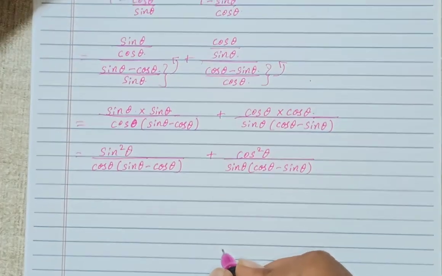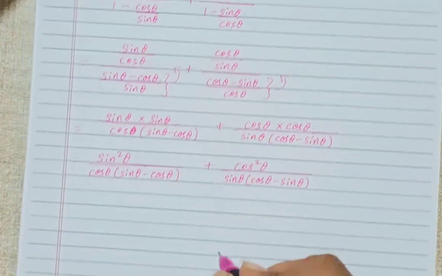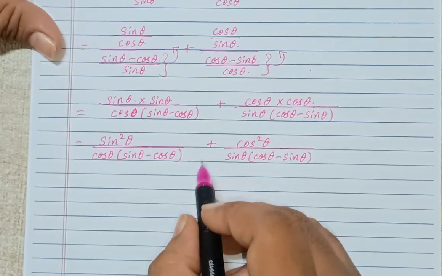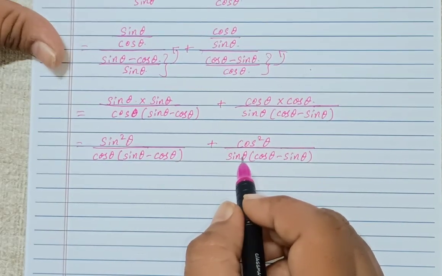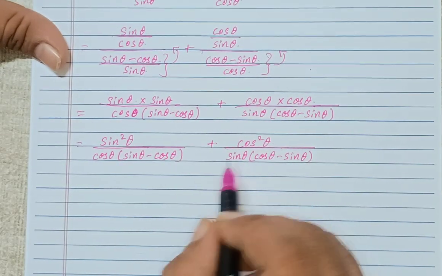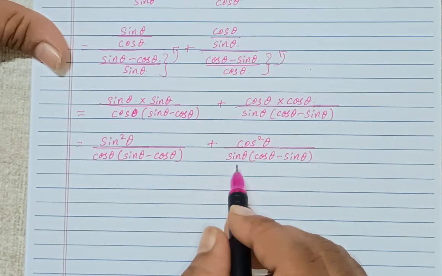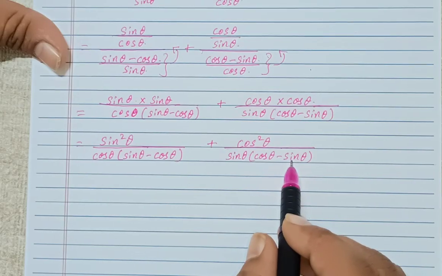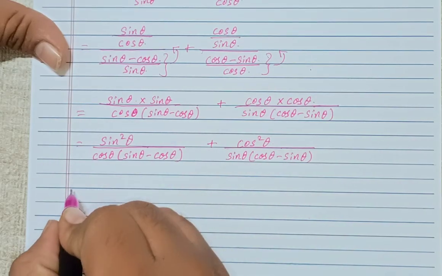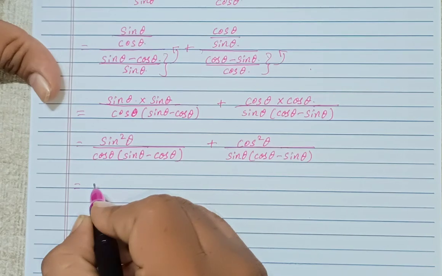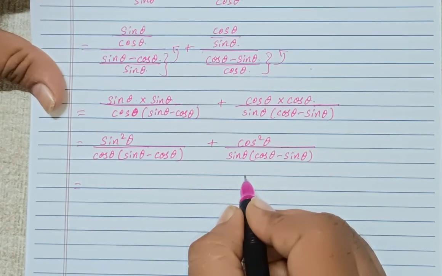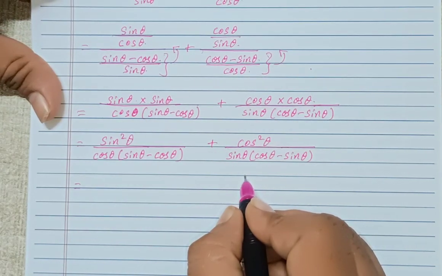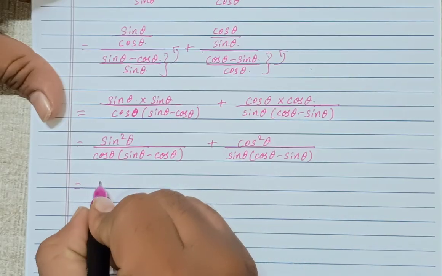Now we cannot change the values, so we will go with one step which we can do directly. Instead of the positive sin theta, we will make it minus sin theta. For doing this, we have to multiply, children.